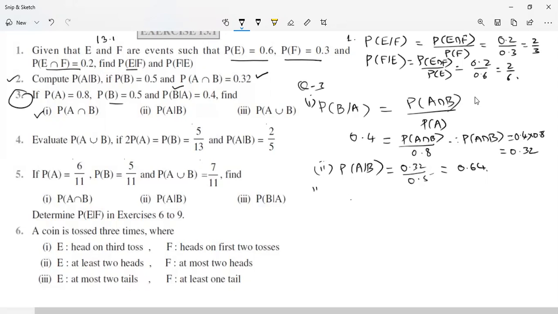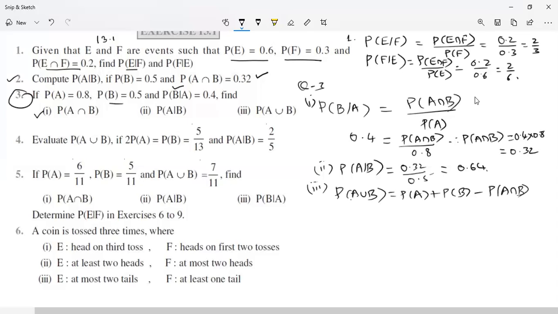And the last one, how to do that last one. Now we have to find probability of A union B. From the relation that we studied in class 11, probability of A union B is equal to probability of A plus probability of B. Obviously they are not independent events, we are doing conditional probability, so we have minus probability of A intersection B, which is given here also.